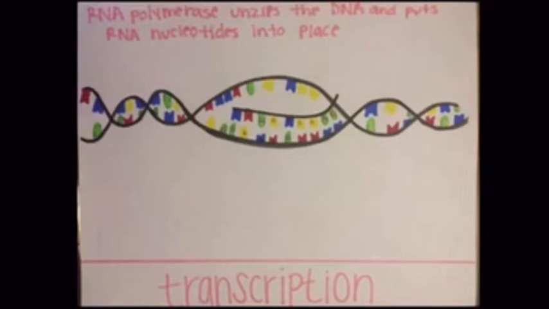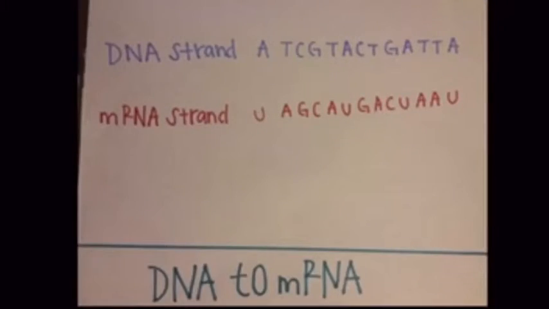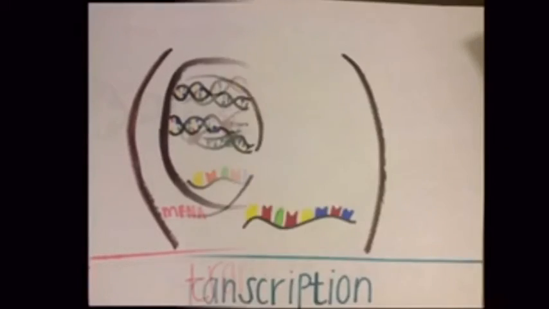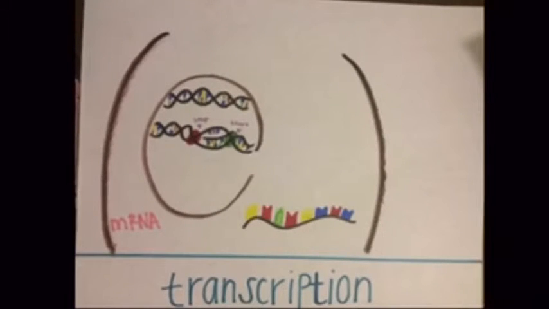The small section of the coding DNA has a start and a stop signal. After the mRNA forms, it moves out of the nucleus through the nuclear pore and goes to the cytoplasm.